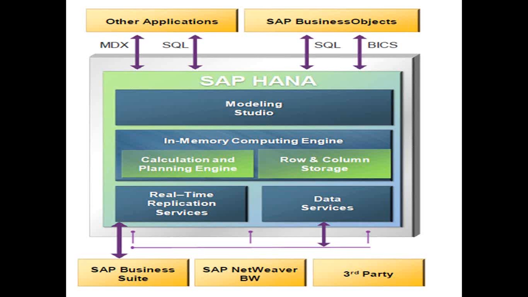This is a high level architecture of SAP HANA. At the very low level, you can see different kinds of source systems where the data resides. The data could reside in any kind of system. It could be a business suite system, ECC, a CRM system, an SEM system, a BW system, or any third party non-SAP system.